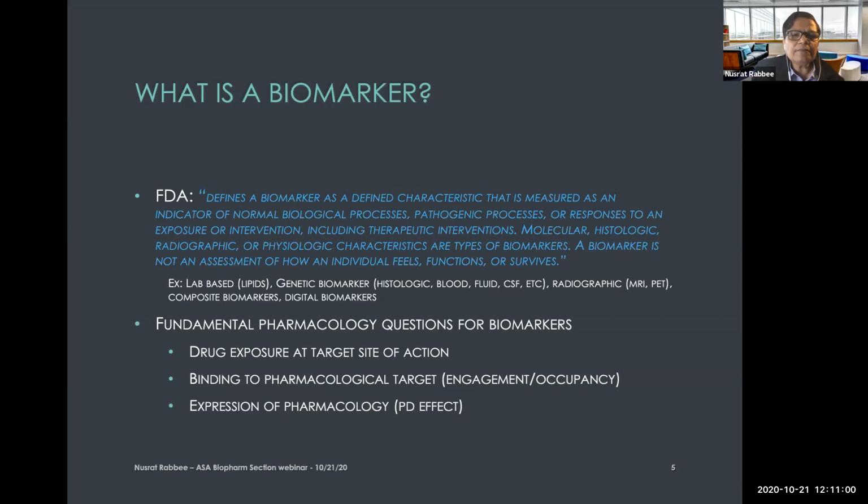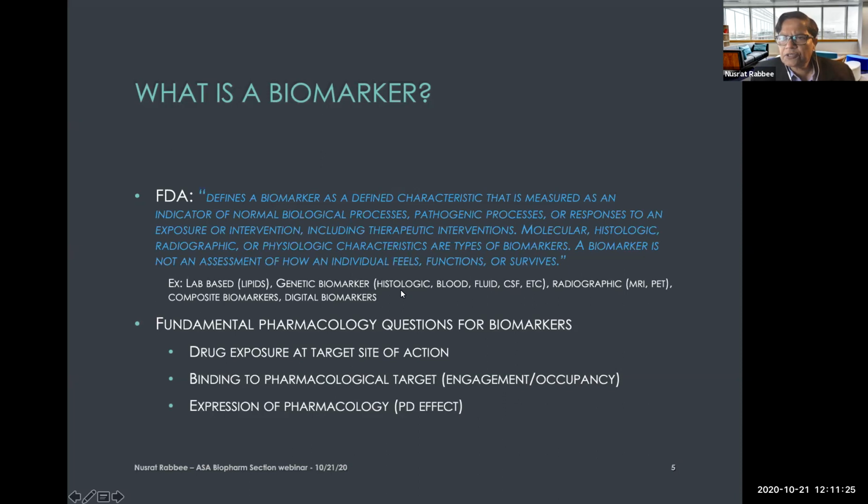So it's more of an objective assessment, measurement, not a subjective one, like the patient-reported outcomes or PROs. A lot of folks understand biomarkers to be mostly genetic biomarkers, and I've included them here, mostly from the oncology field, where biomarkers have been heavily developed and used. And even within genetic biomarkers, there are many different types of biomarkers.